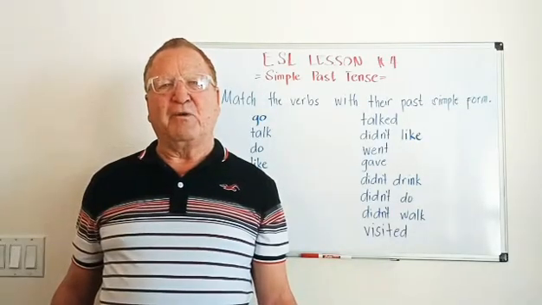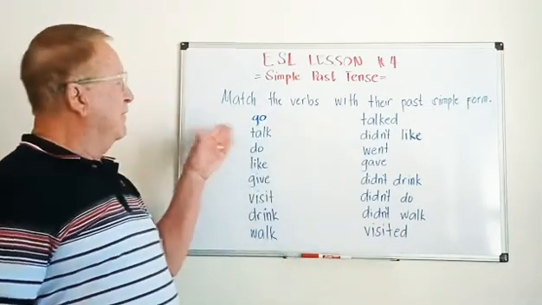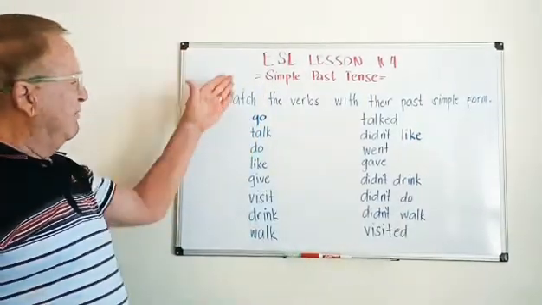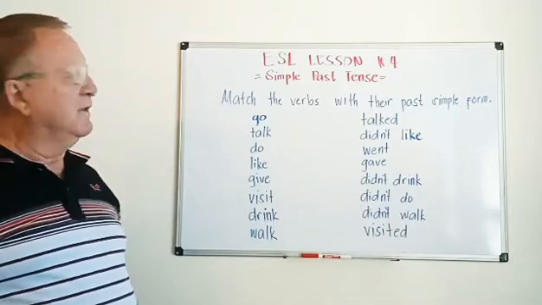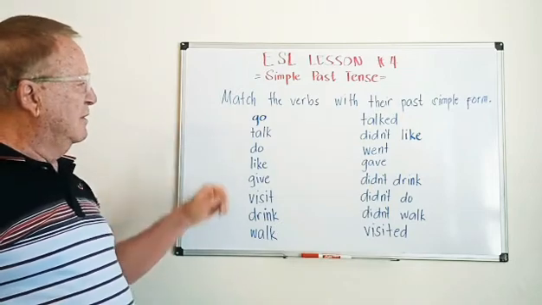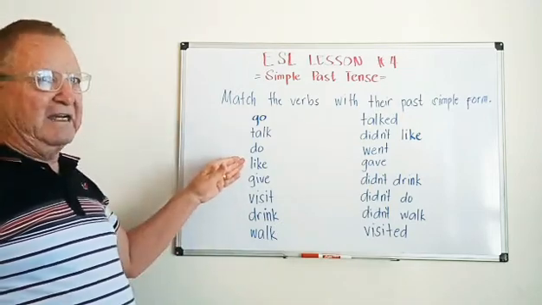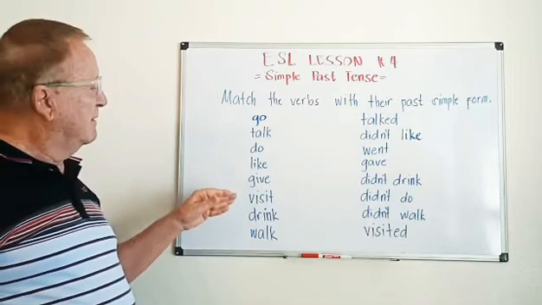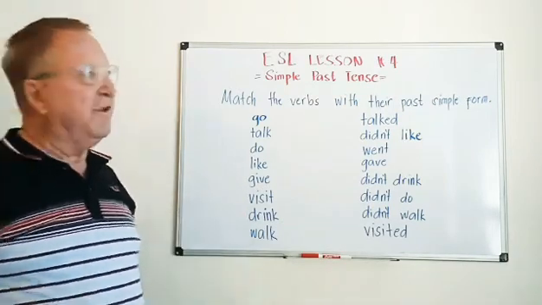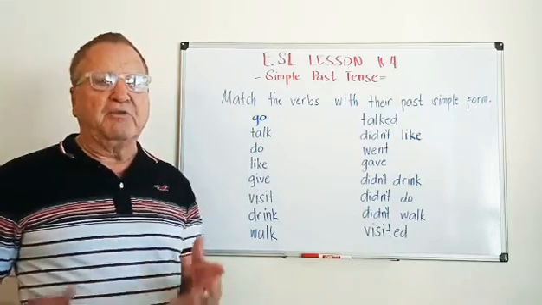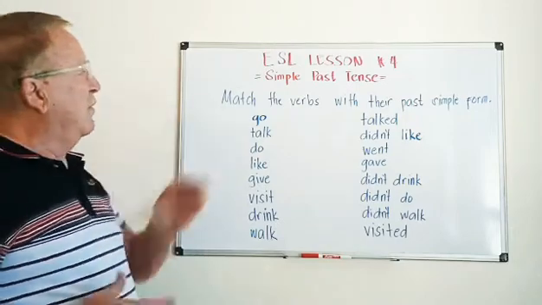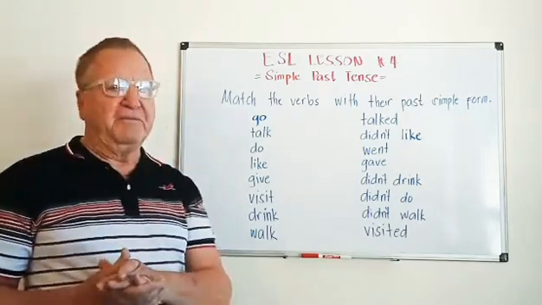In this activity, we're going to match the verbs with their past simple forms. So we have one column that has the verbs go, talk, do, like, give, visit, drink, walk. Some of these are regular verbs and some of these are irregular verbs. Okay, so go is in past tense, isn't it?